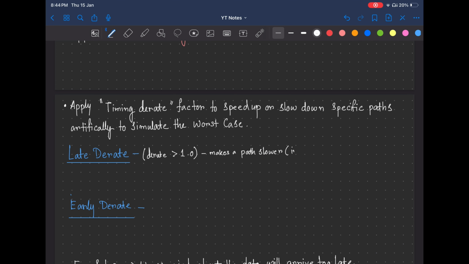It means it increases delay, and it is used to model worst case, or you can say slow silicon.